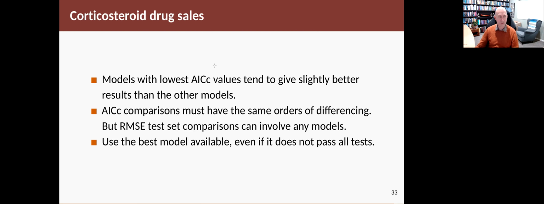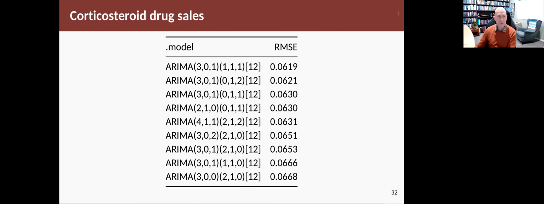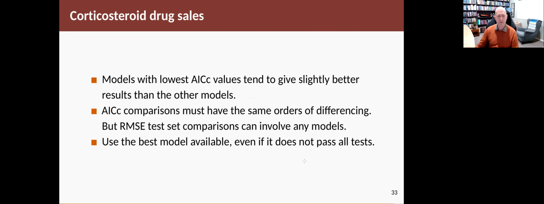You don't have to make sure they're consistent. And sometimes you end up choosing the best model, even if it doesn't pass all the tests. And so you'll notice when I said I'm going to use this second one, that was one that didn't pass the Ljung-Box test on the residuals, but it seems to be doing well in other ways, and I'm going to use it even though it didn't pass all the tests.